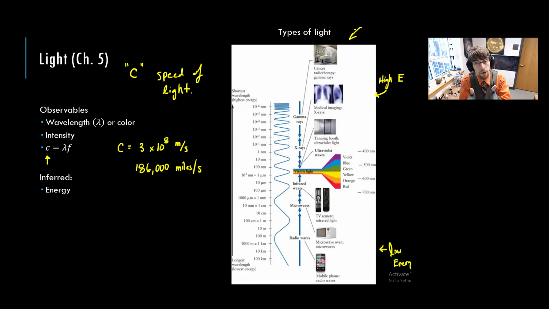The shorter the wavelength, the higher the energy. Other inferred quantities, and we'll go through and discuss each of these in turn in subsequent lectures. But the next one is from the wavelength, and I should be even more specific, if I take light and I look at the wavelength, I can infer the temperature of an object based on the light that's being emitted, the color of light being emitted.